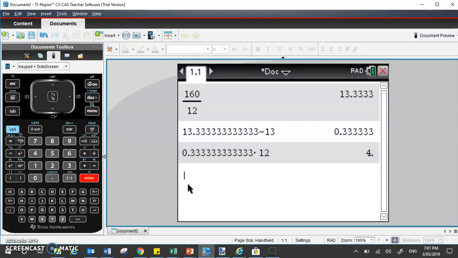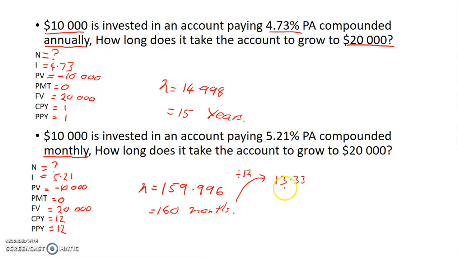So we know in total it's going to take the 13 years from up here, and it's also going to take the 4 months from there. Just writing that into my workings, I would take away the 13, which is the whole number of years, which gives me 0.333, and I would times that by the number of months in a year, which was 12, which gives me 4.